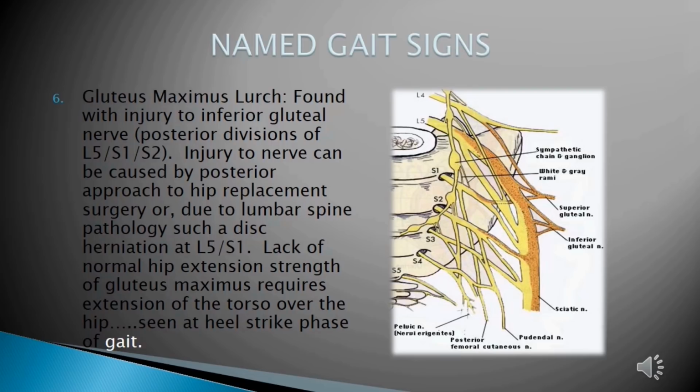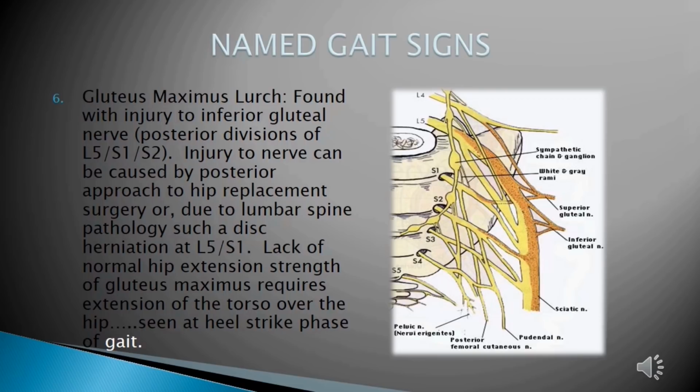compensation. So the Trendelenburg gait is very well demonstrated and very well visualized when viewing the examinee from either the front or the back, whereas the gluteus maximus lurch is very well demonstrated and best visualized when viewing the examinee from the side.